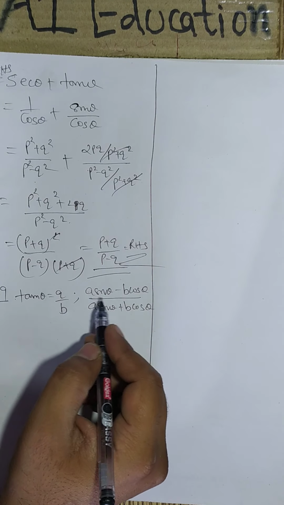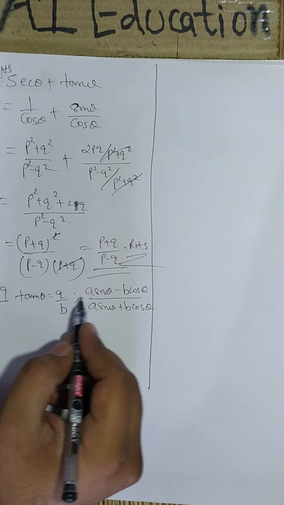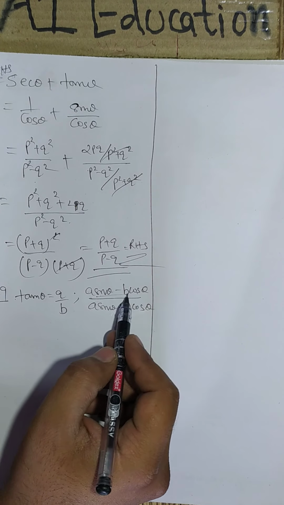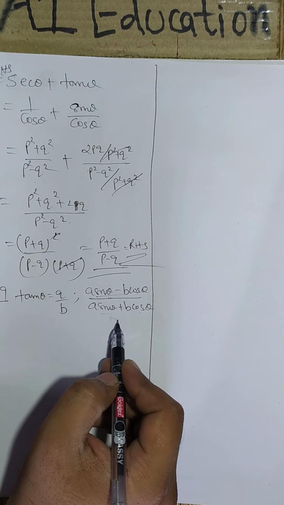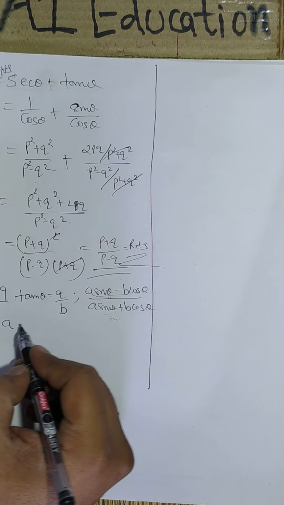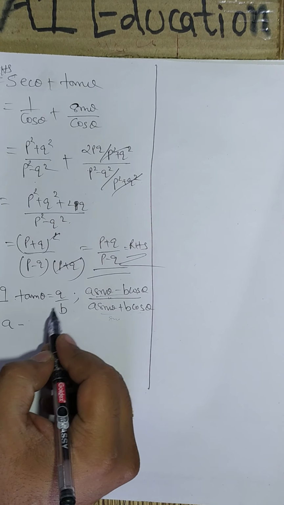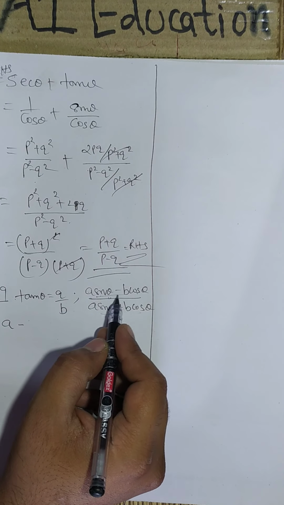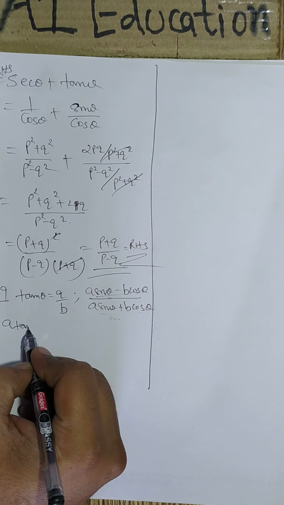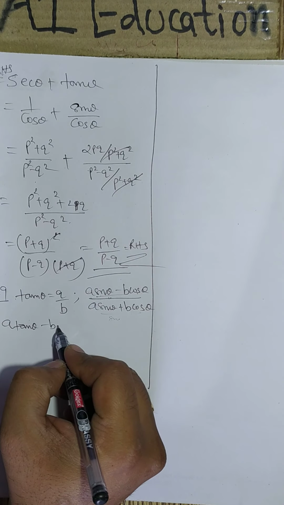Right, so dividing numerator and denominator both by cos theta. So numerator becomes, sin upon cos becomes tan theta and this becomes 1.